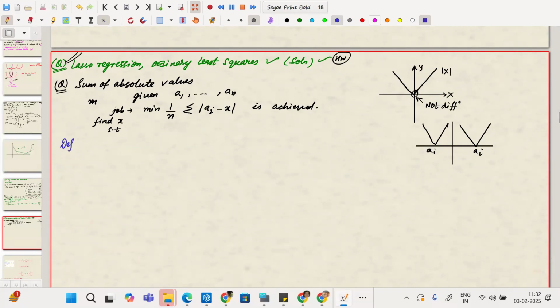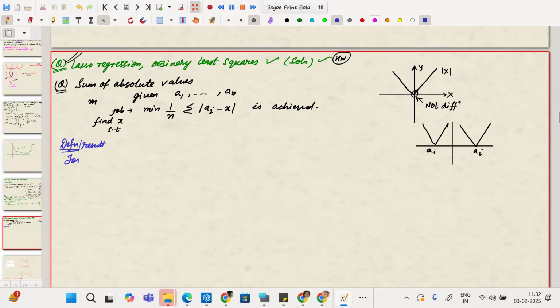Or a result, you can say. I have defined a lot for differentiable functions; this is one of the most important results for non-differentiable functions.